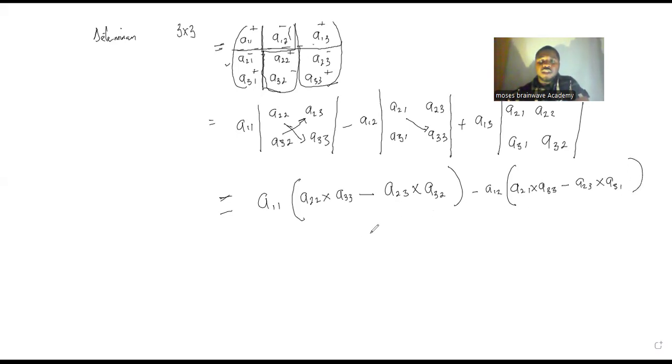Then lastly, you have the plus A13 multiplied by A21 multiplied by A32 minus A22 multiplied by A31. It's straightforward. So we'll do some examples in the next video.